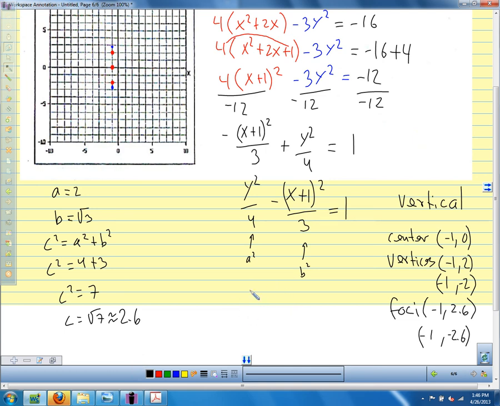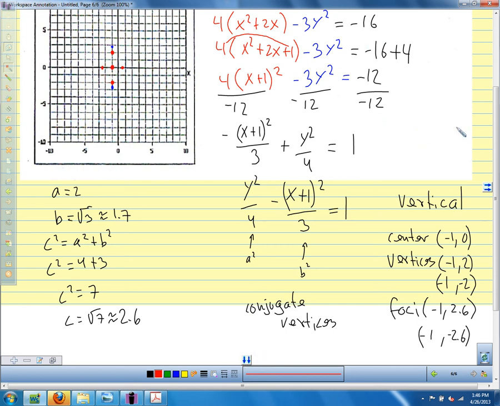And the conjugate vertices, I'm going to move left and right by B units. Square root of 3. Square root of 3 is about 1.7. So I'm going to move over about 1.7 units to get to my conjugate vertices.